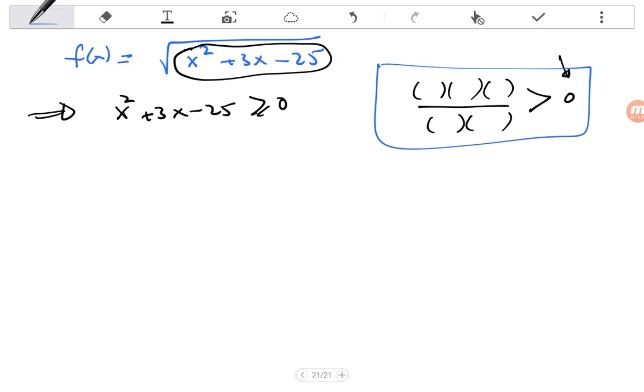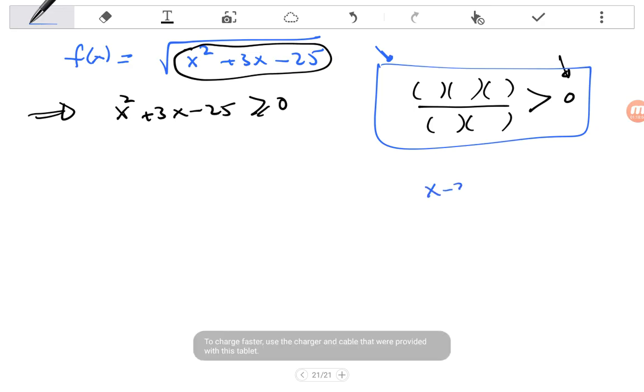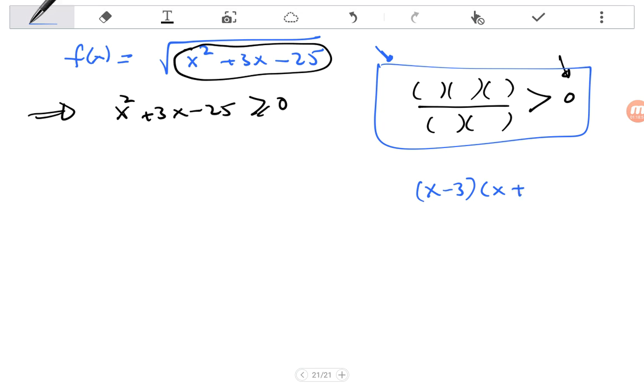We have known steps. Now what we will learn now is the procedure to find the solution of some expression. For example, x minus 3 times x plus 1 all over x minus 1 greater than 0. This must be 0. The right hand side must be 0.